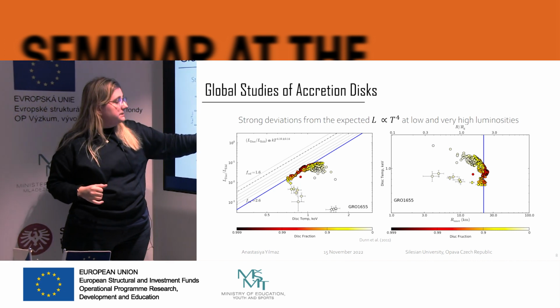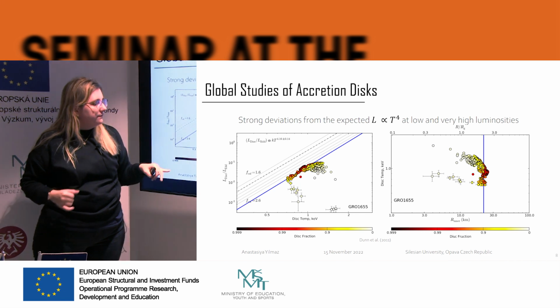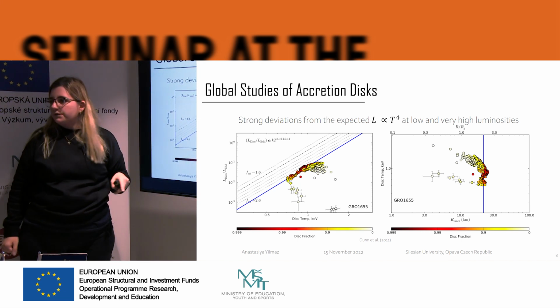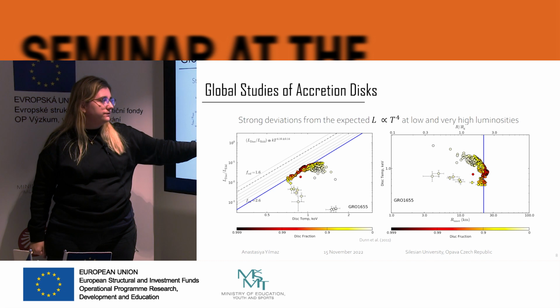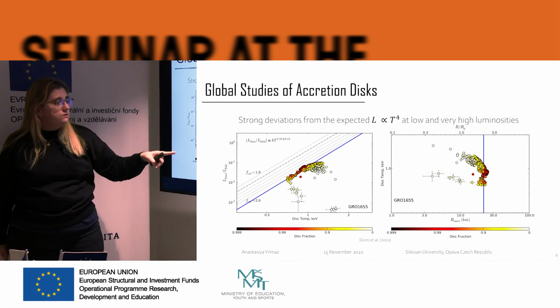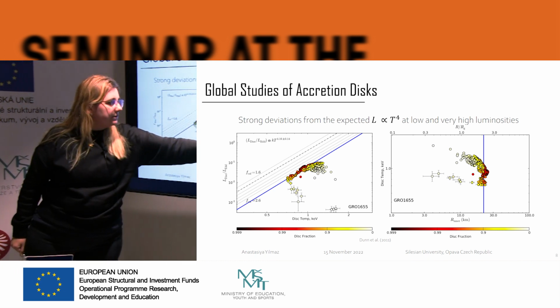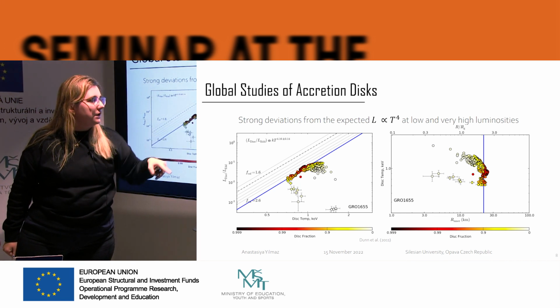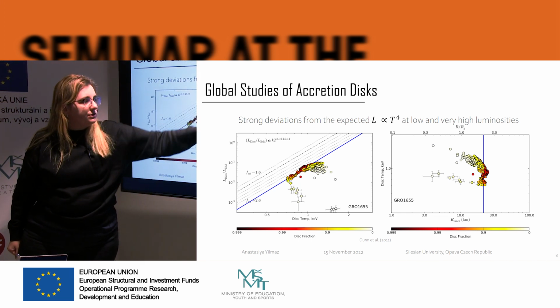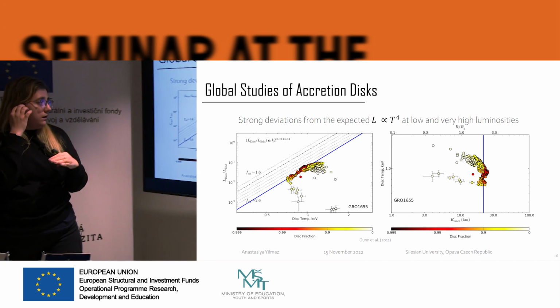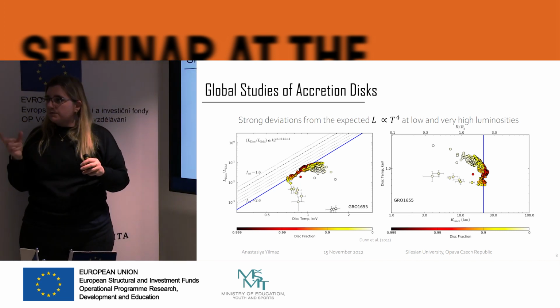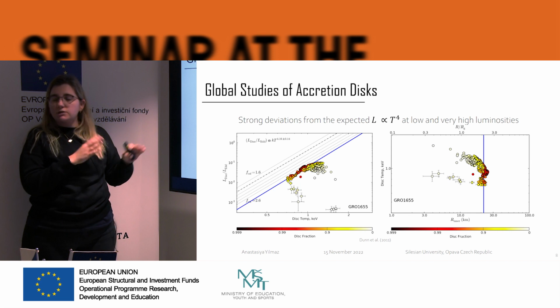They observed these weird deviations at the very high end of the relationship and at the very low end of the relationship. And when you look at the inner edge of the accretion disk versus disk temperature, you also have that kind of deviation at both ends. So it seems like there's something happening that they could not really explain.